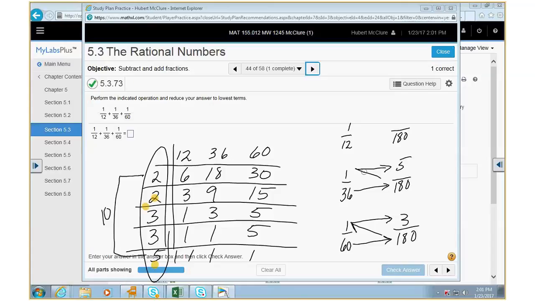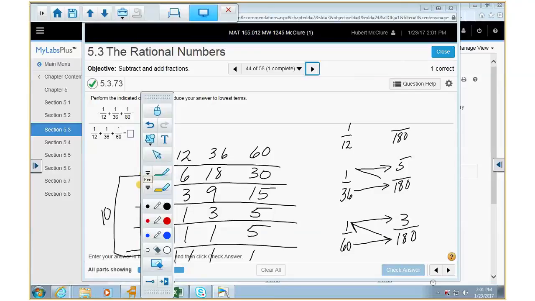And how many times will 12 go into 180? 15 times. 15 times 1 is 15. And you're adding these: 15 plus 5 plus 3 is 23 over 180. Now tell me what's hard about that.